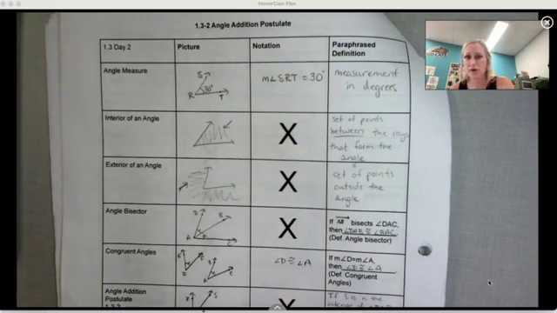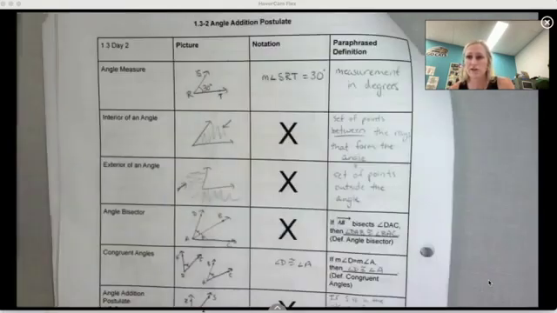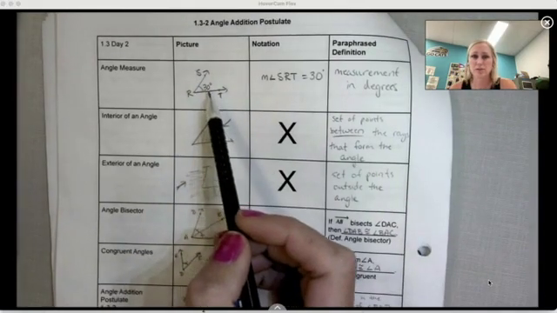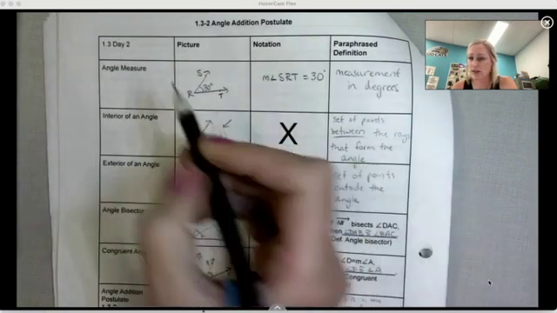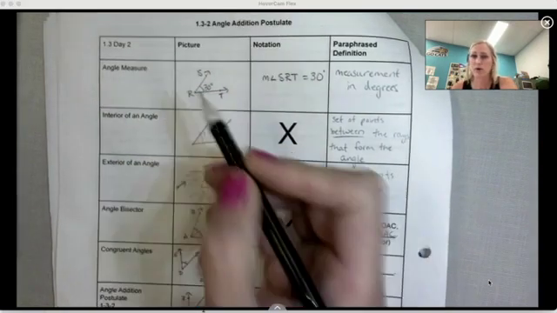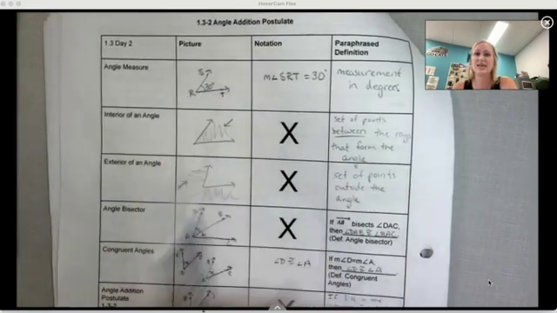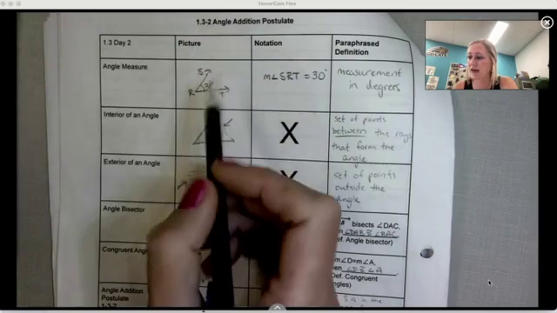Okay, so an angle measure. You guys are familiar with what angles are. In our last video, we talked about acute, obtuse, and right angles. I just randomly put a 30-degree angle here. Remember, we name an angle with 3 letters. The point at the vertex is that place where the rays meet and form the angle.